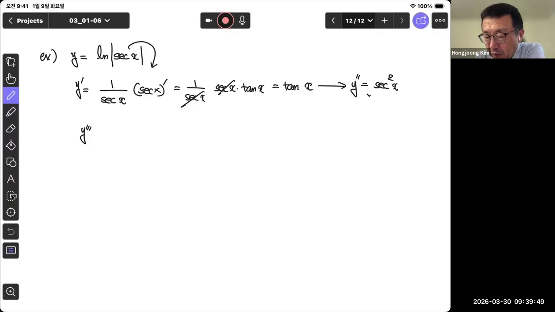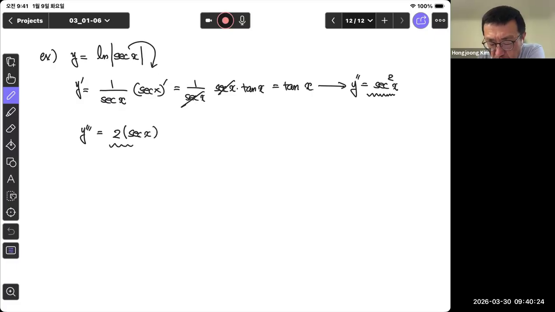Well, if the second derivative is this secant x squared, then this is another composite, right? The power function with power 2 is the outer function, and the inner function is the secant function. So when this secant x squared is differentiated, the derivative of the outer function will be 2 times x, so 2 times the inner function.